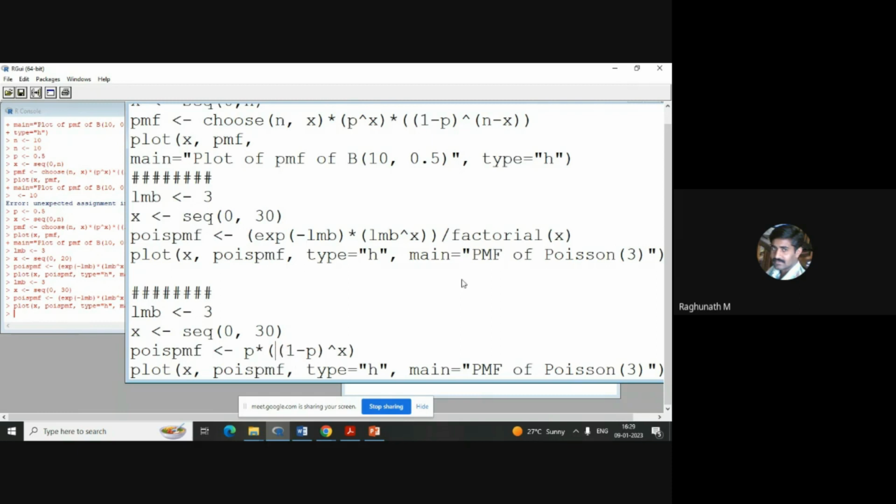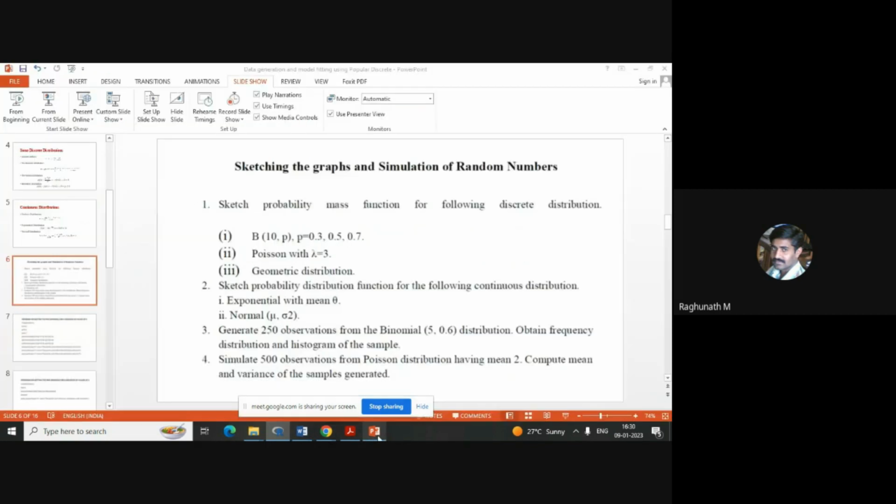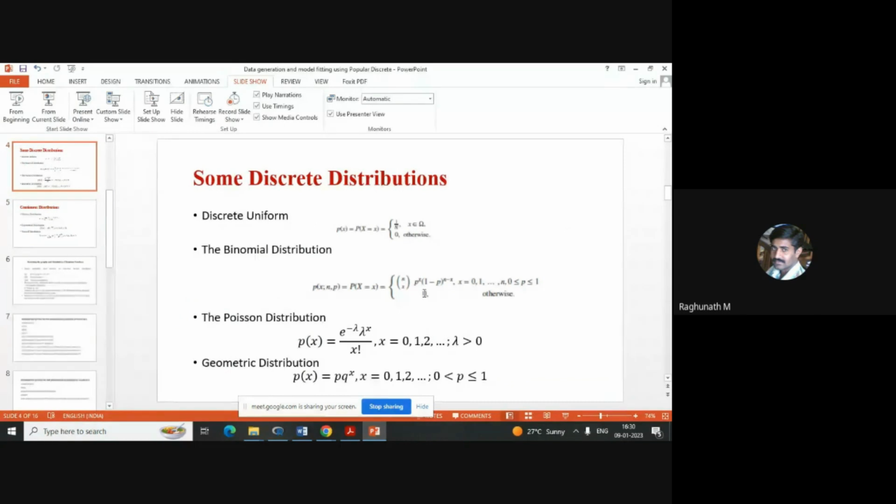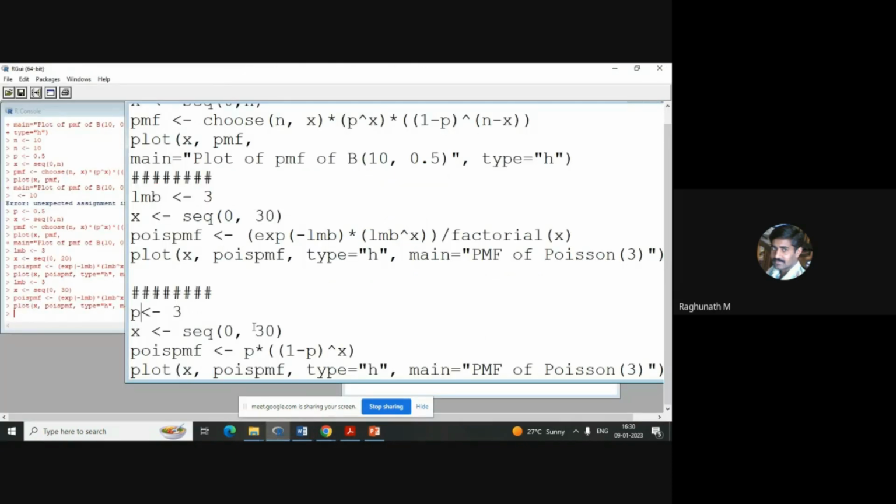I'll close this one for a minute. Now I have to define what is p. If you look into the range for p in the case of geometric, it is going to be 0 less than p less than or equal to 1. Here I will take 0.3 anyway. Now I can run this program.